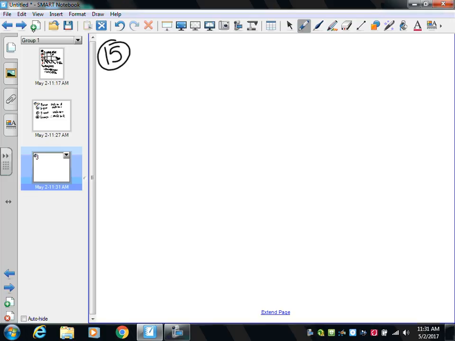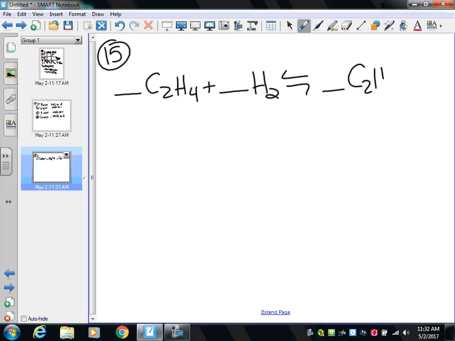How would you regulate the temperature of this equilibrium in order to do the following? First things first, we have ethylene reacting with hydrogen. Remember that my hydrogen has to have a little 2, and why is that? Diatomic. Good. And it is making me C2H6.